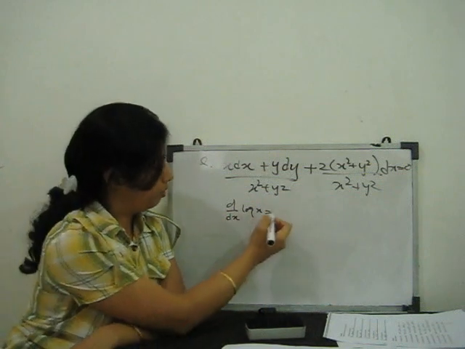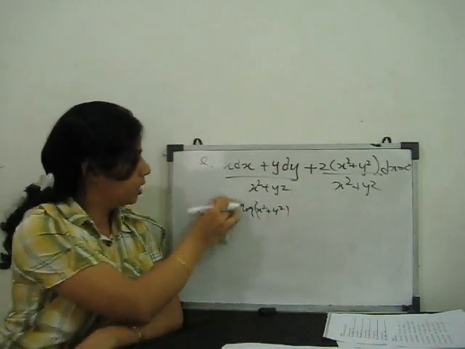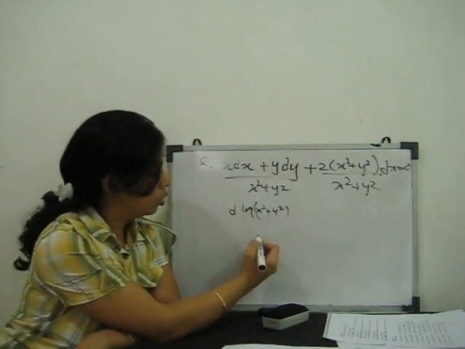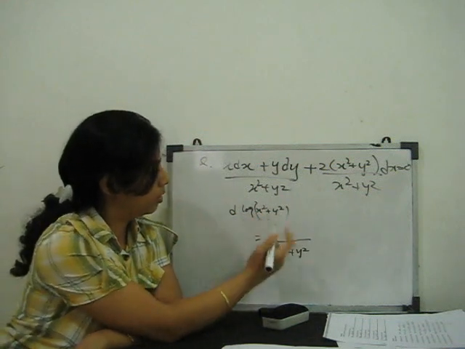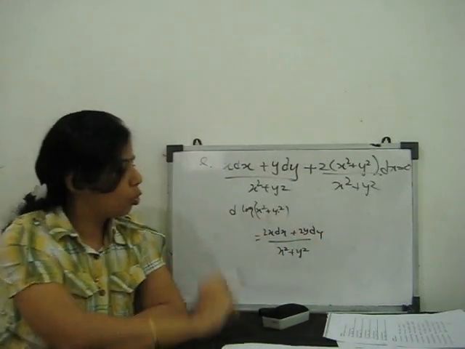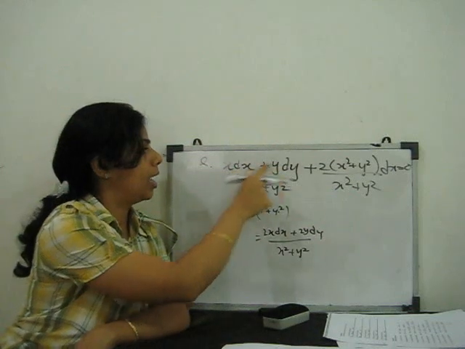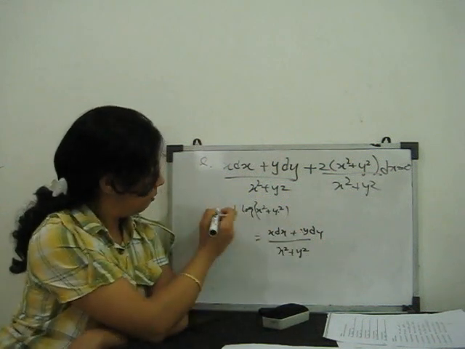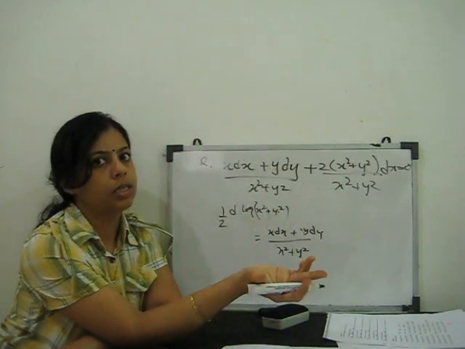Similarly, if we differentiate log(x² + y²), with x and y both variable, it becomes 1 by (x² + y²) times 2x dx, and the differentiation of y² is 2y dy, so 2 comes outside: (x dx + y dy) upon (x² + y²). So 1 by 2 of d log(x² + y²) is equal to this term. It is in solvable form.